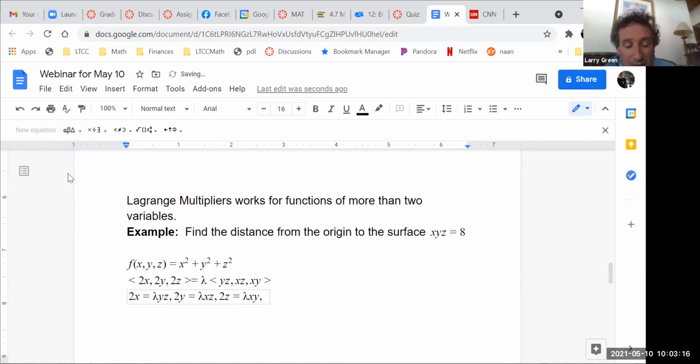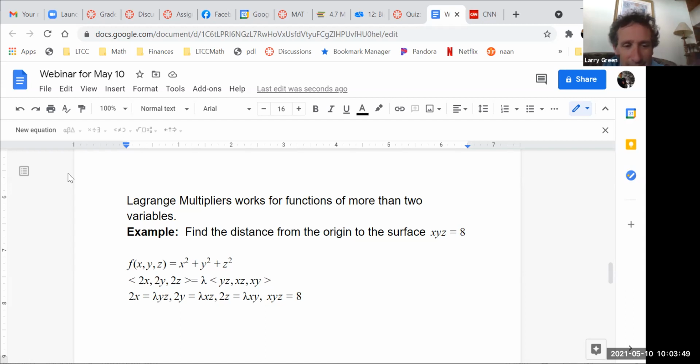And we still have xyz equals 8. Are you convinced that Lagrange multipliers can get really rough algebra-wise? Okay, and hopefully you're convinced that the algebra is the harder part, not the calculus. The calculus was pretty easy. Taking the derivative, at least for me, that was like nothing. But the algebra you got to think about.